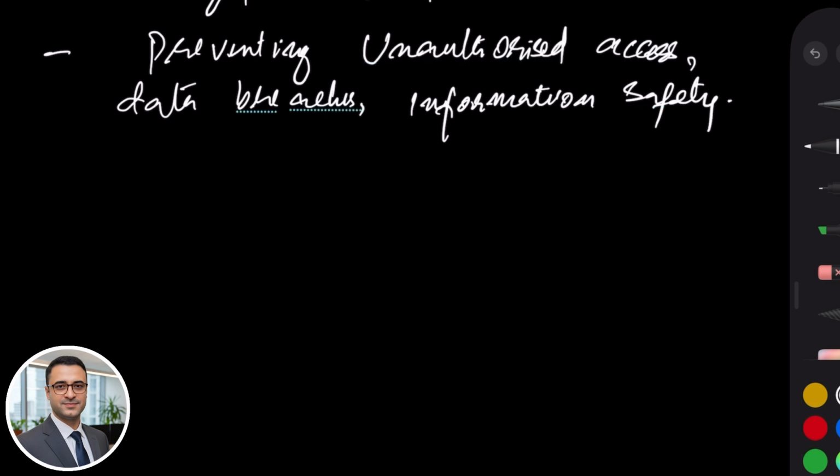These are the important characteristic features of cybersecurity, which make sure that our systems are safe, our networks are safe, and our data, which is one of the important components in our daily life now, because data is being generated in tons every day. We have to make sure that our online data, online presence, our systems, our networks are safe enough to protect us. So, preventing unauthorized access and data breaches and ensuring that information is safe and secure. That is the characteristic feature of cybersecurity.